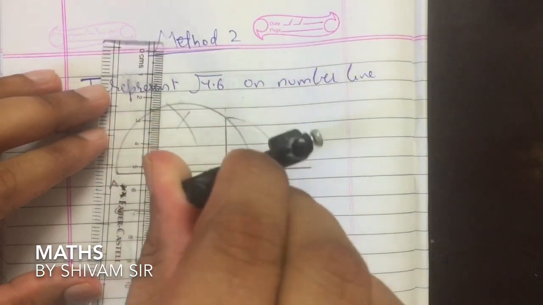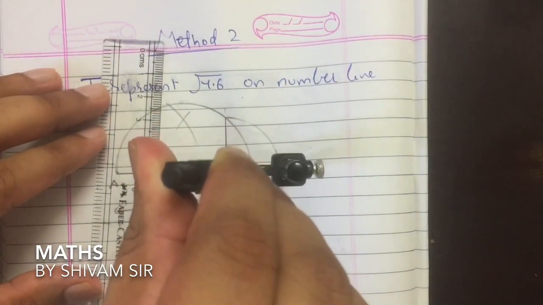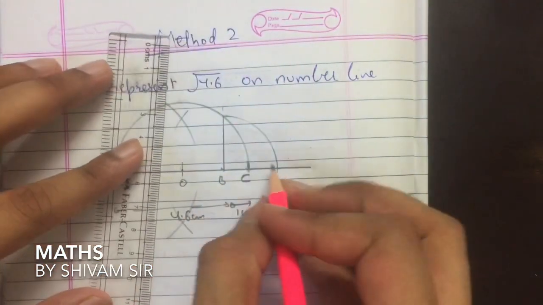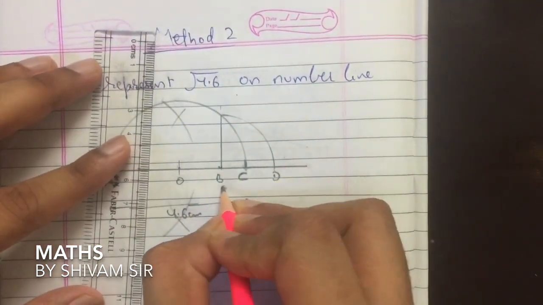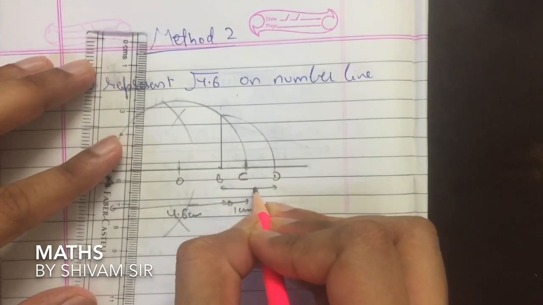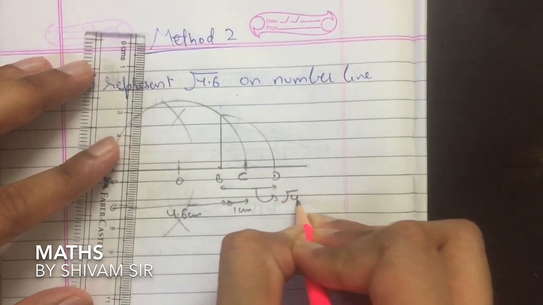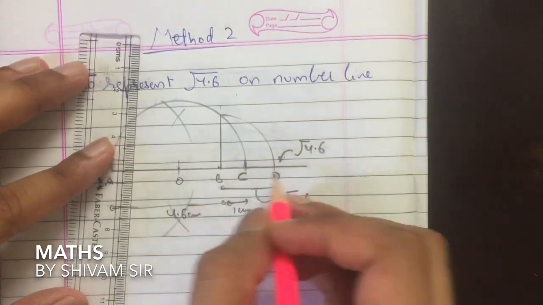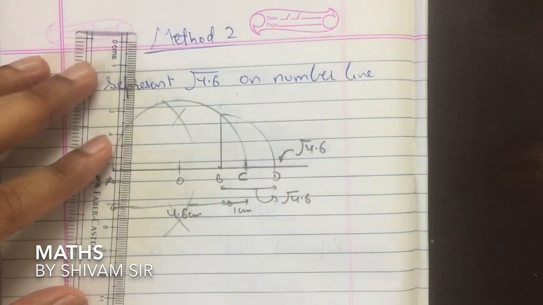The point where this arc intersects this line is D, so this BD distance is root 4.6.